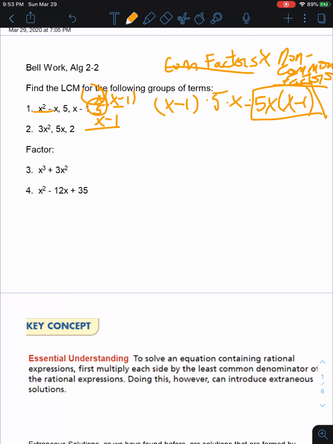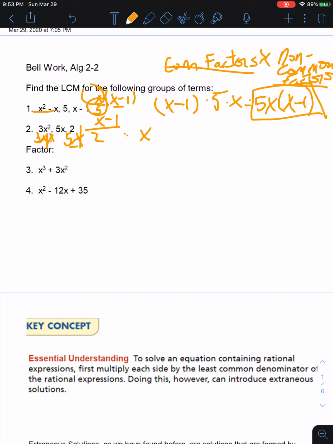Okay, 3x squared, 5x and 2. If you took the 3 and the x, the 5 and the x and the 2, I'd have a common factor of x. That'd be my common, and that'd take care of this one and this one.